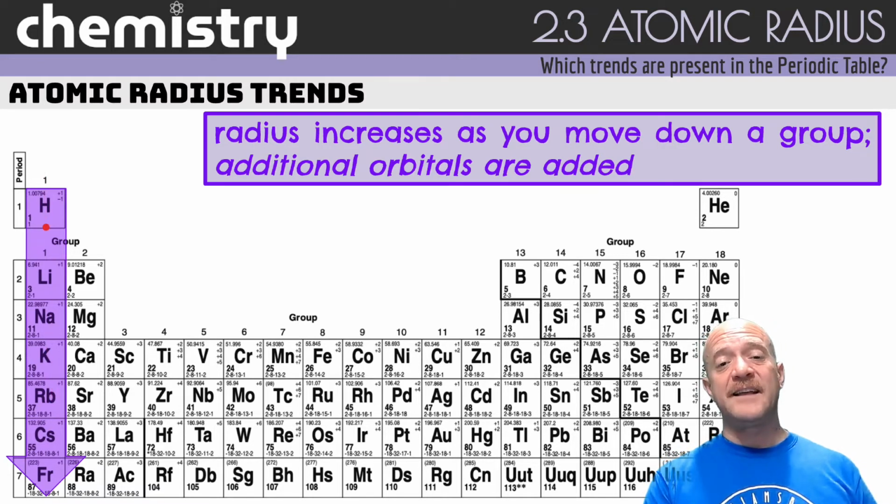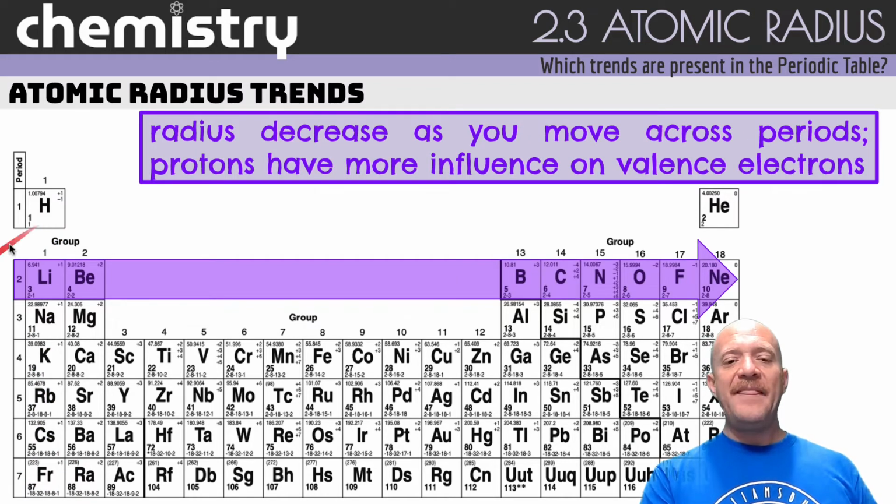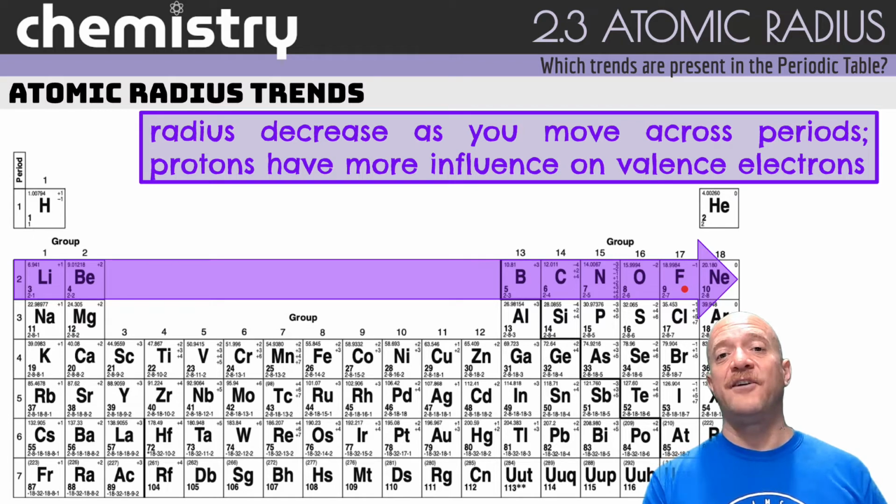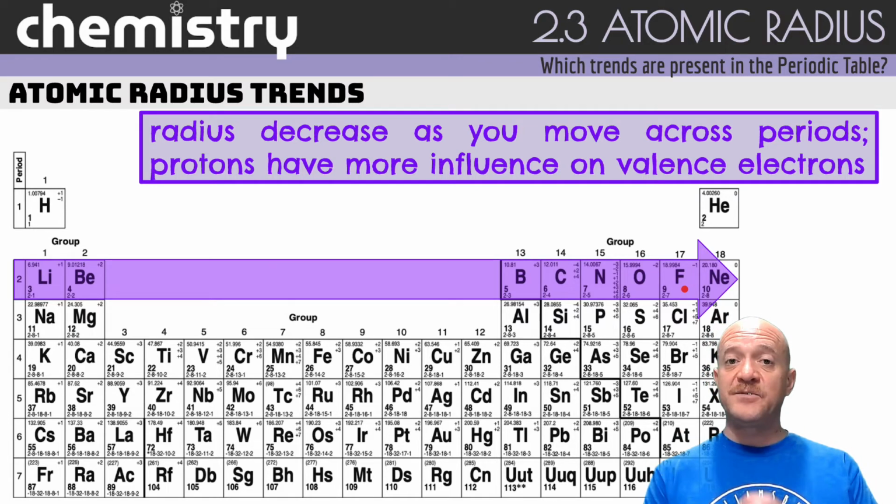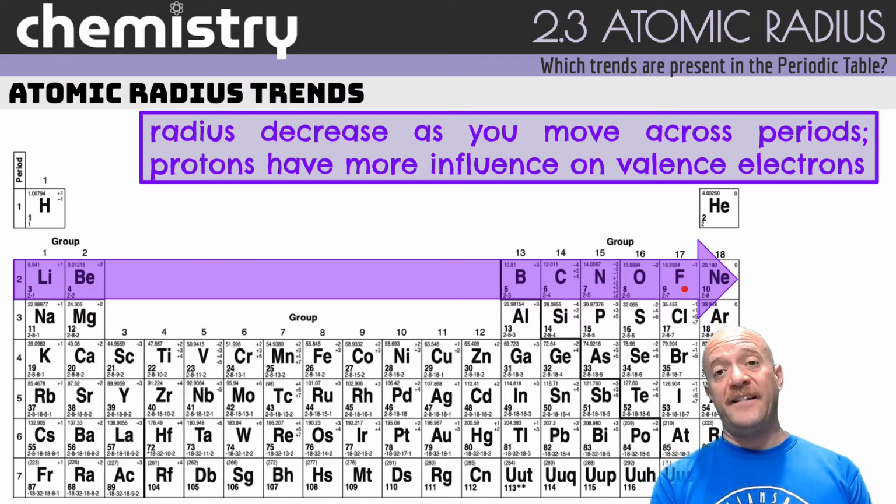When you only have one valence electron, it is a very large radius. And then as you move across, you're adding more and more valence electrons, and the radius actually gets smaller. This has to do with the influence of the protons on the valence electrons, because you're adding electrons to an orbital that is closer to the nucleus than you would see over in groups 1 and 2.